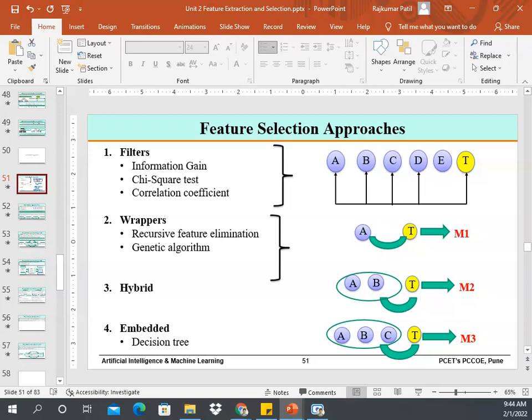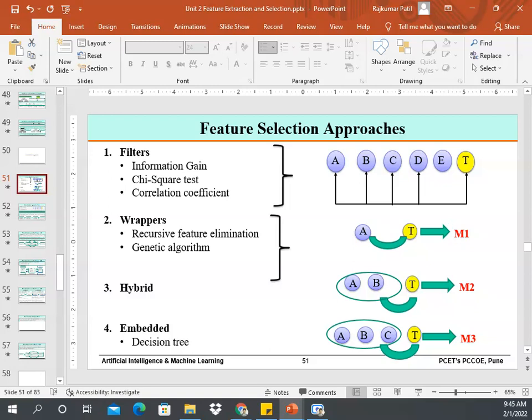And the parameters whose impact is higher, those parameters we will consider, and we will ignore those that are irrelevant. Then the third approach is hybrid. It is a combination of filters and wrappers. And the last type is the embedded approach. So these are some of the feature selection approaches.